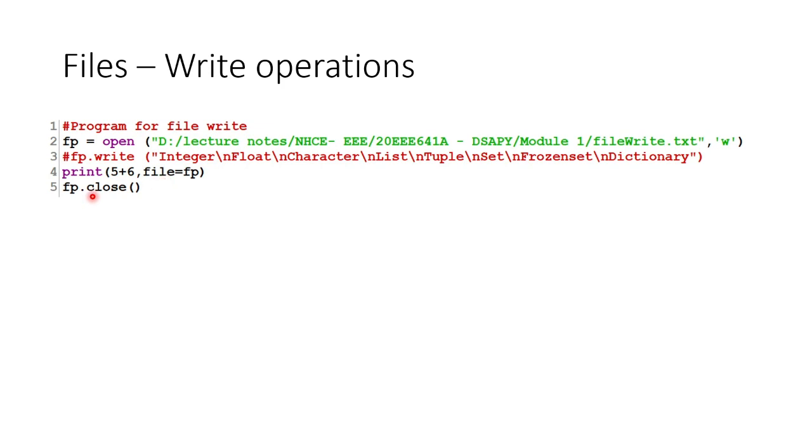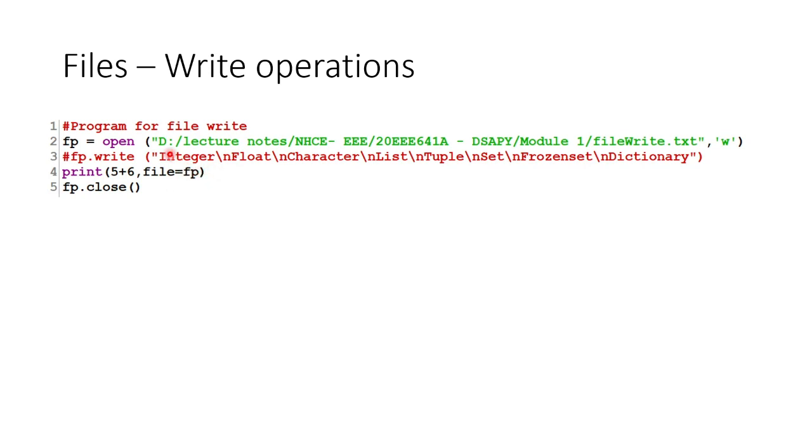So here, let's say I'm doing the operation 5 plus 6. The 5 plus 6 returns 11. Now this 11, I don't want to print on the screen. Instead, I want to write it to this particular text file, file write.txt. So what I can do is specify, after a comma, file is equal to FP.